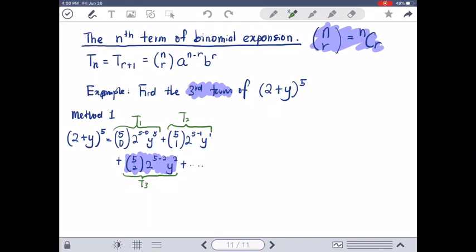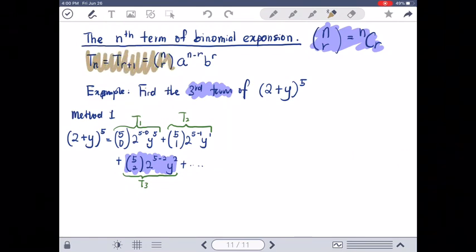But somehow this method is going to take a longer time. For example, if they ask you to find the 10th term, it's going to be a problem since you need to expand until 10 terms and then only you take the 10th term. So what alternative that we have is we use this formula here.